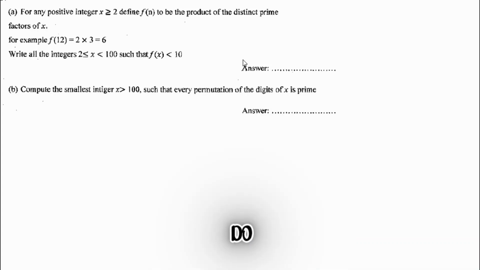So we're supposed to do this task. We're supposed to write all the integers x where 2 is less than or equal to x and x is less than 100, such that f(x) is less than 10.